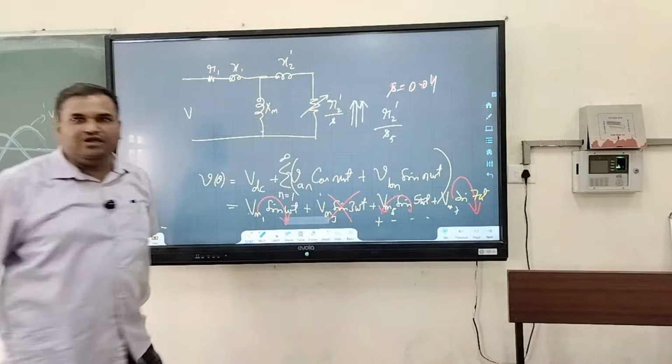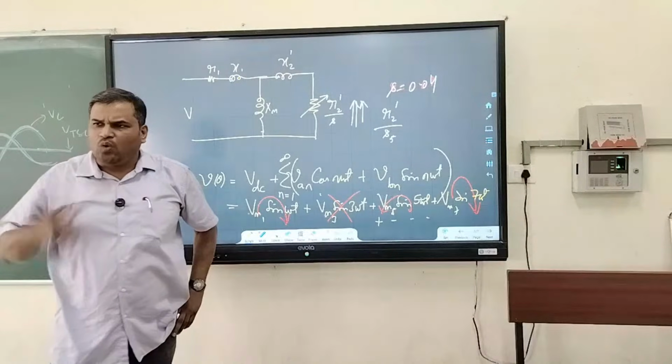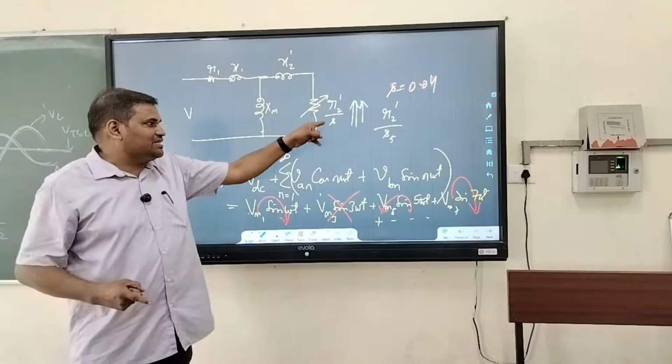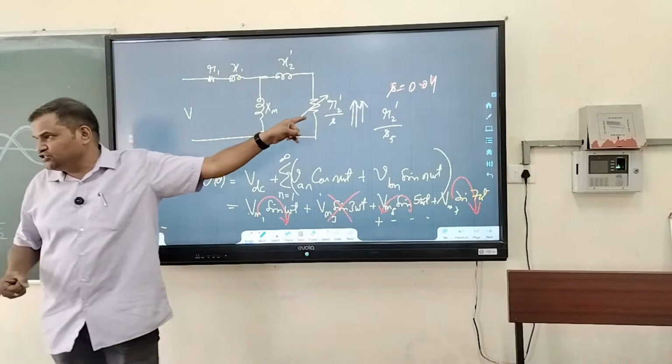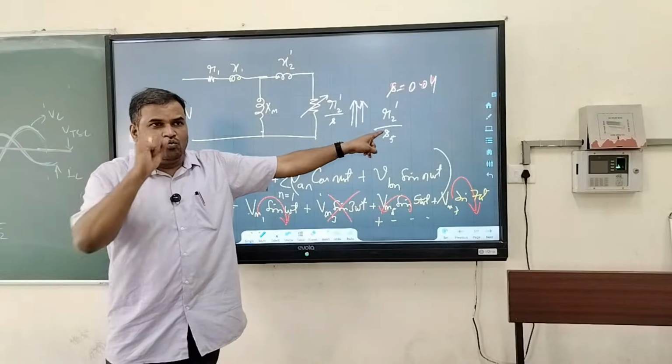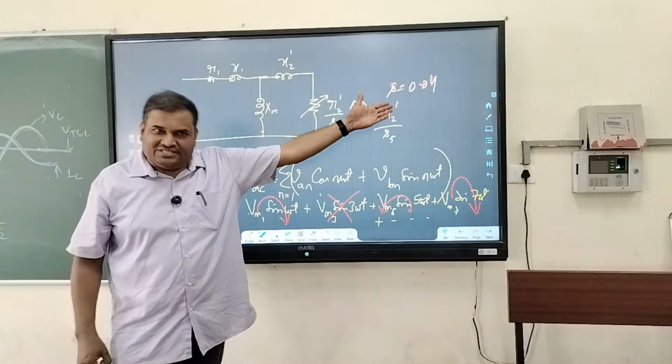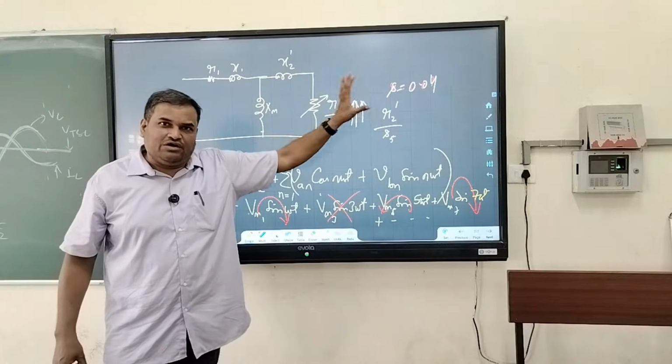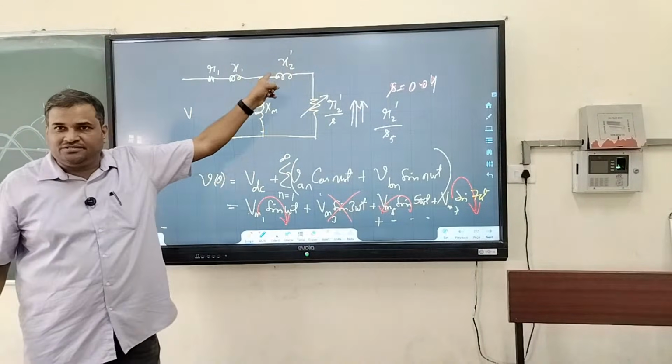What is the approximate value of S5? 1. What was it earlier? 0.02, 0.04. Now how much is it? 1. So R2 dash remains the same. This value is now small compared to X2 dash.